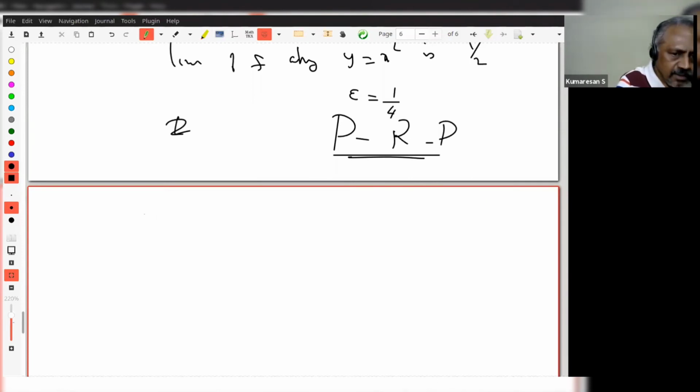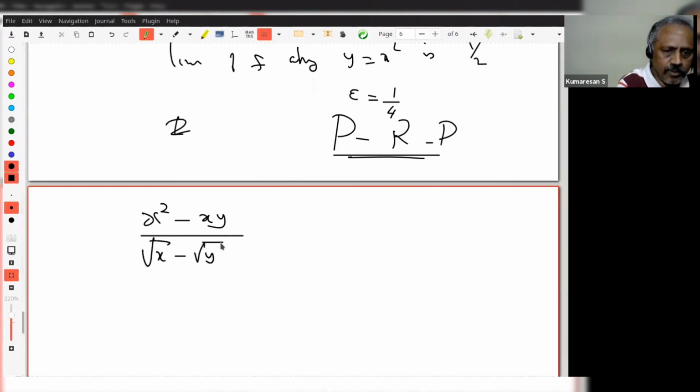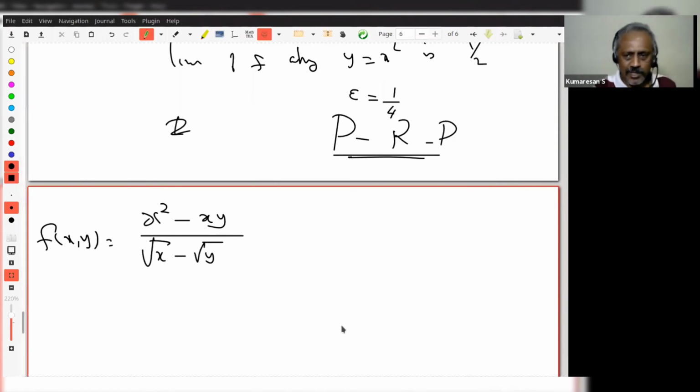Just to test you, suppose I give you something like this. What should be the domain of this function? Can somebody tell me? Is it defined outside the origin (0, 0)?